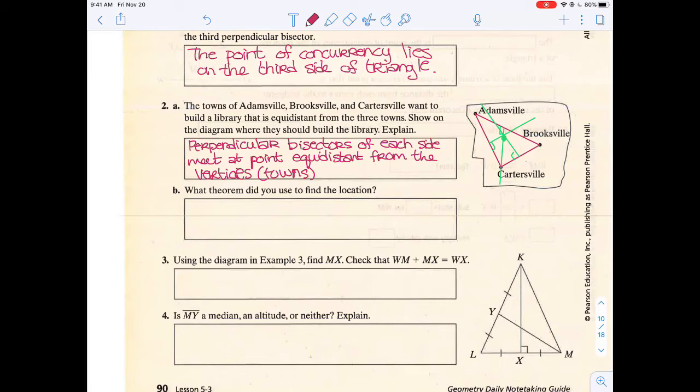Okay, and then it says, what theorem did you use for this? We used theorem 5-6. That was the one we went back and looked at.